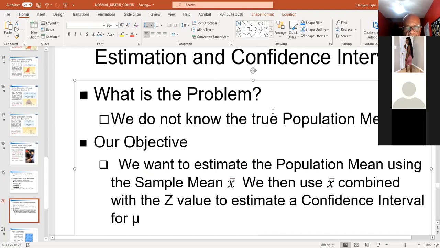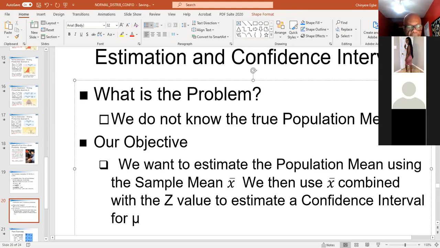The problem is very straightforward. Suppose you ask yourself a simple question. What is the average amount of money that a student spends for lunch?